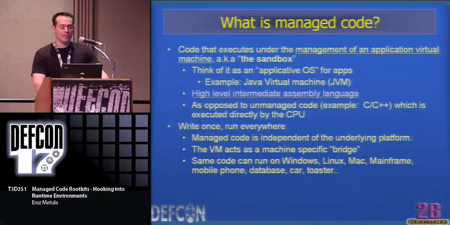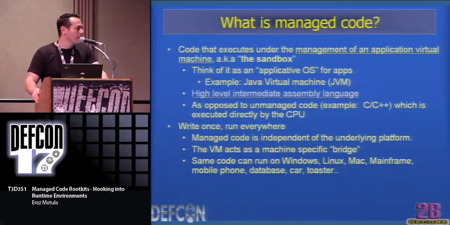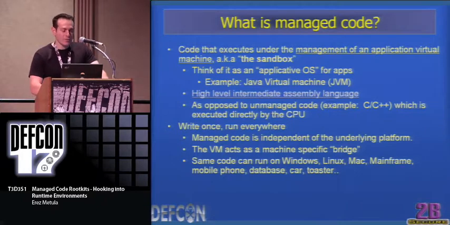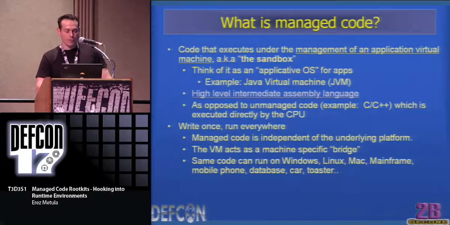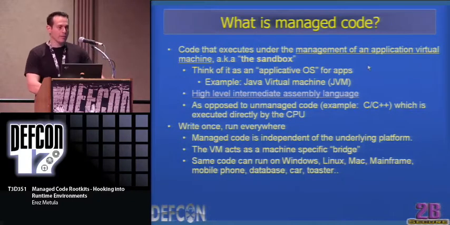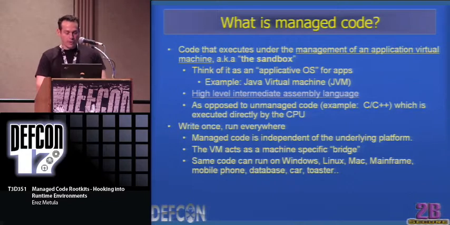Sorry guys about my graphics, I suck at graphics. But what I wanted to show you here is that the same executable can be run on different platforms. We have a Windows machine, a Linux machine, a Mac, a mainframe, etc. But for each machine, there is a specific virtual machine.